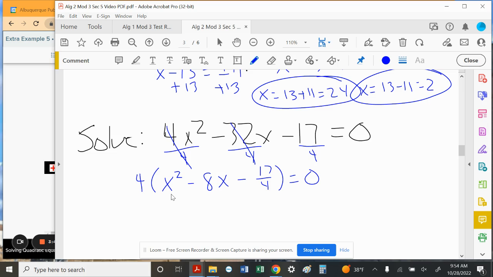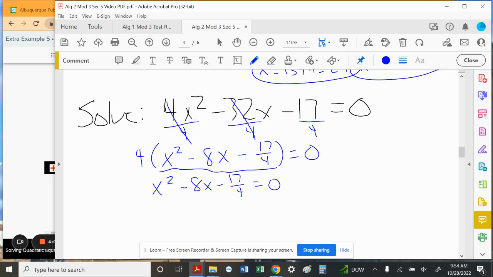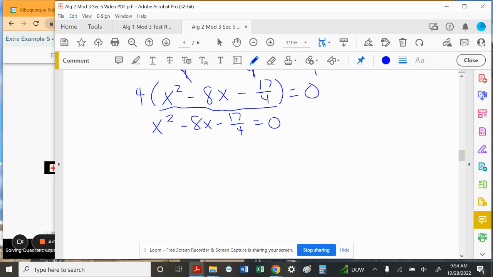So I'm just going to be working with this part right here and not worrying about anything else. So we really have x squared minus 8x minus 17 over 4 equals 0, because I divided both sides by 4. And then I'm going to add 17 over 4 to the other side.